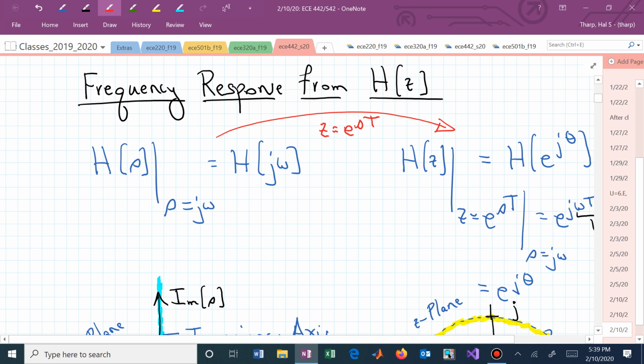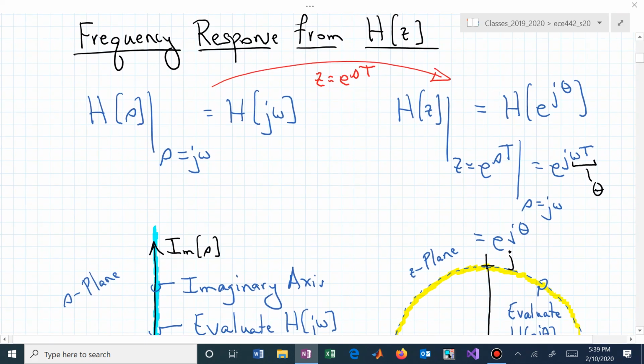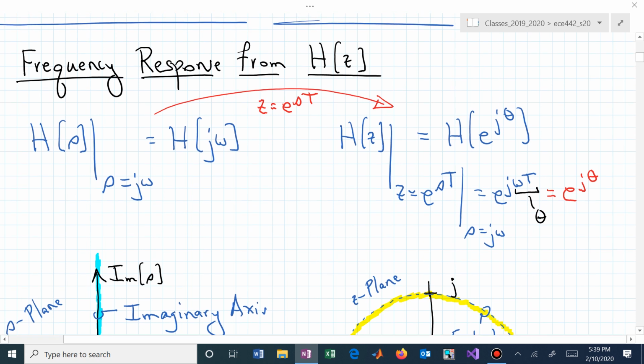And we've now replaced s with j omega to obtain the frequency response. Maybe this is confusing to put it down there, so let me just say that for this vertical bar, we're evaluating for z equal to e to the sT, but we're replacing s with j omega.